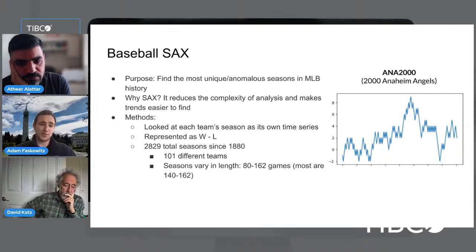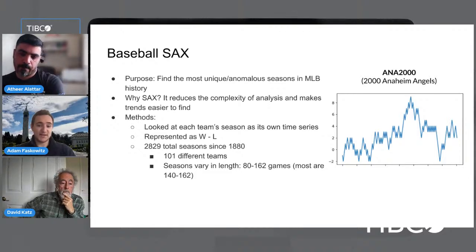To do so, I look at every single season and team as its own time series. For example, this is the 2000 Anaheim Angels. And this goes all the way back to the 1800s, so there's a ton of time series based upon a team and what their season trend looked like.